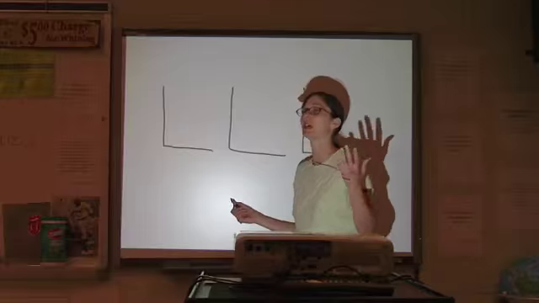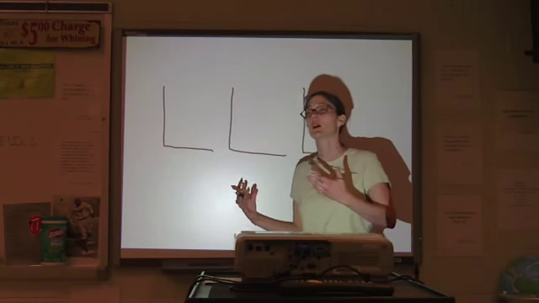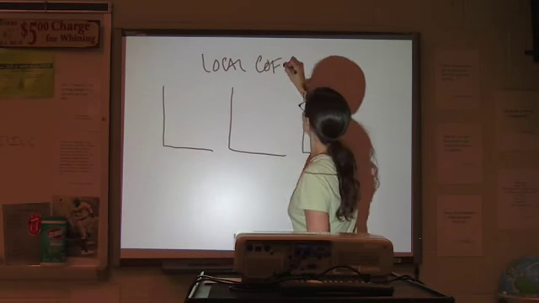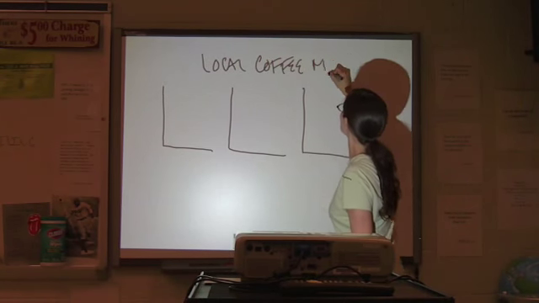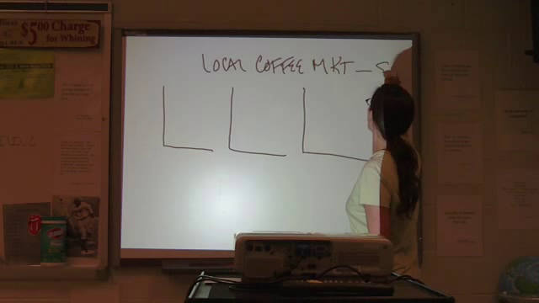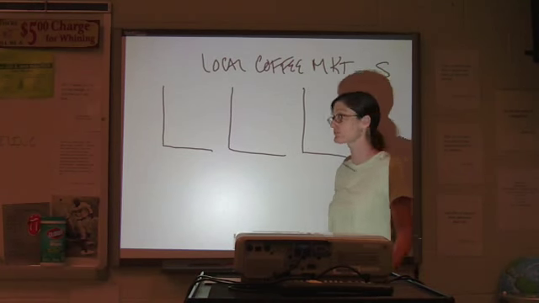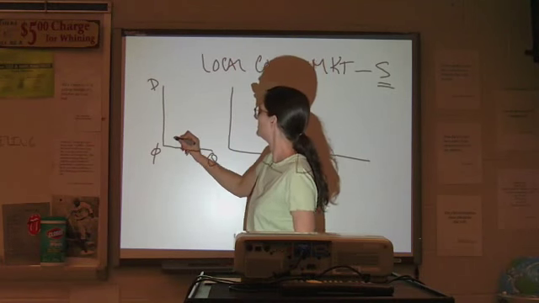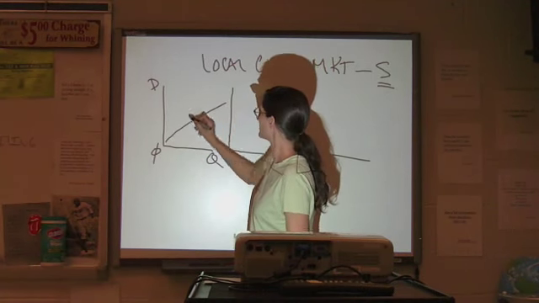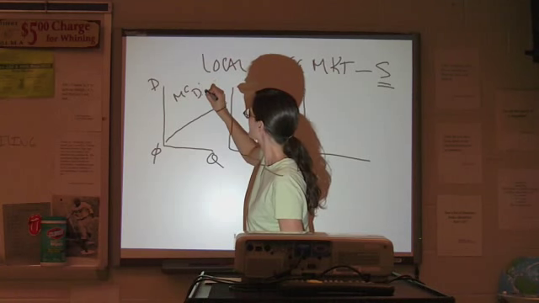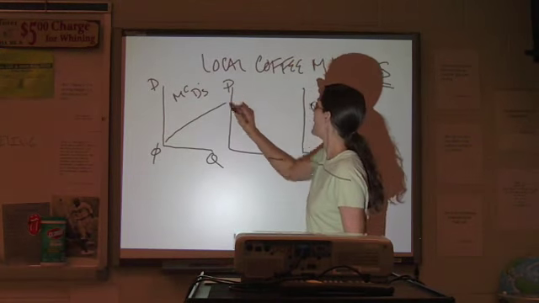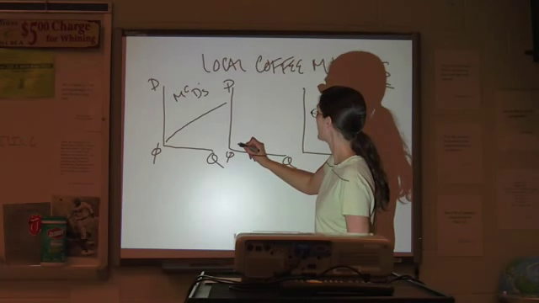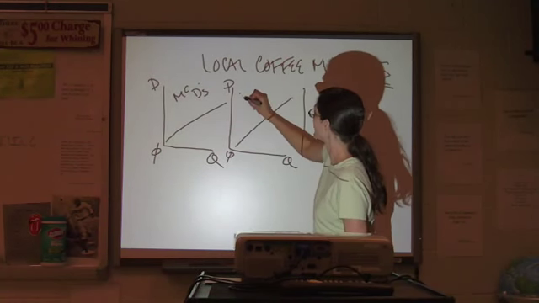and let's say we're talking about the local market for coffee. Focusing on the supply side, we can start with McDonald's. And then we can add, maybe a little bit steeper, Dunkin' Donuts.